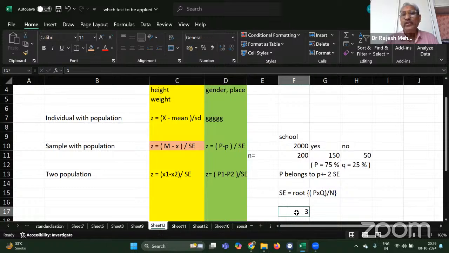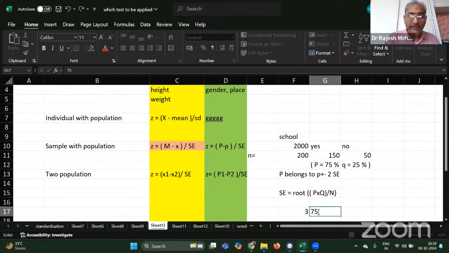So standard error is 3. Now, when we want to talk about the percentage in the population where 2000 students are studying, how many students will be ill in a year period? Then we say that 75% plus minus 2 standard errors. Standard error is 3, so 2 into 3 is 6.